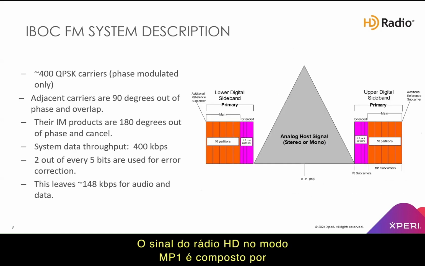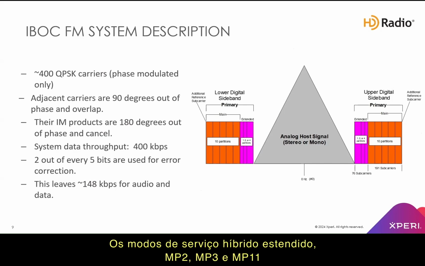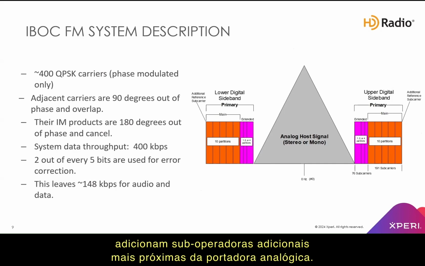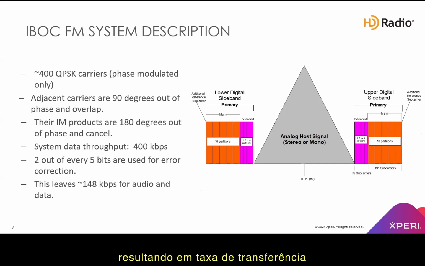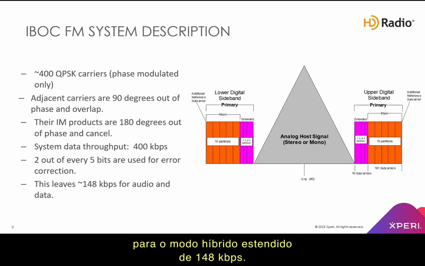The MP1 mode HD Radio waveform is comprised of 400 QPSK carriers, with extended hybrid service modes MP2, MP3, and MP11 adding additional subcarriers closer to the analog carrier. 2 out of every 5 bits are used for error correction, resulting in throughput for the extended hybrid mode of 148 kilobits per second.